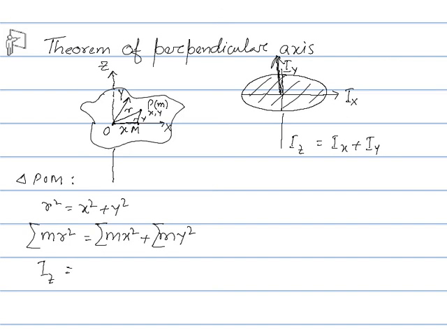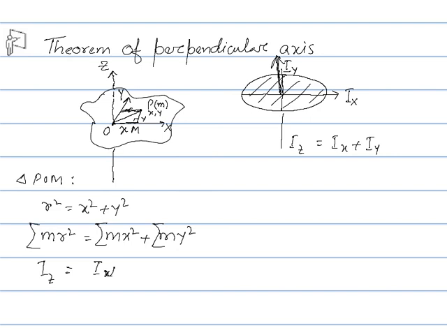The sum of mx square is the sum of the moment of inertia of all the point masses about an axis. Here x is the perpendicular distance from the y axis.